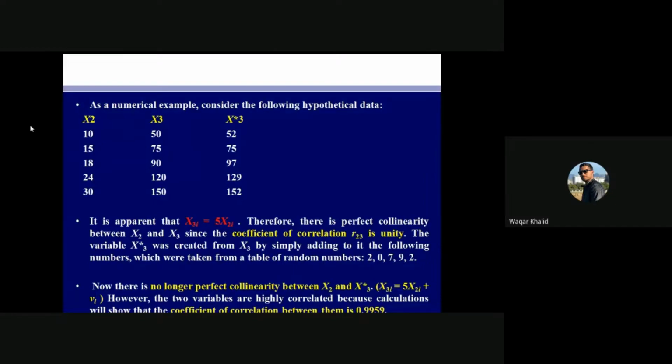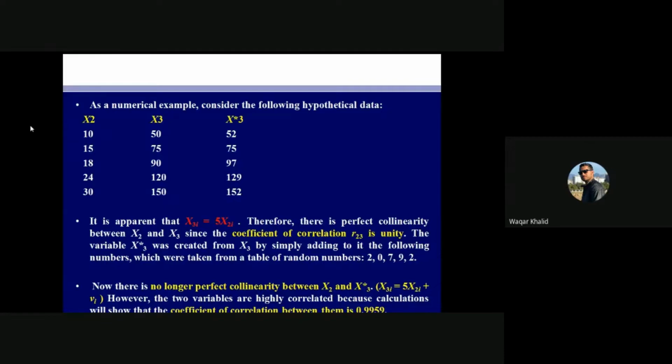Suppose we have a regression model, Y is equal to beta 1 plus beta 2 x2 plus beta 3 x3. This is a multiple regression model where we have two independent variables, x2 and x3.